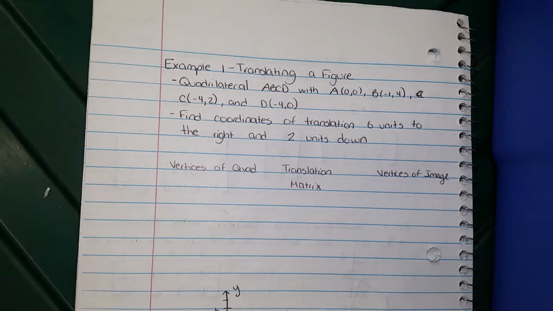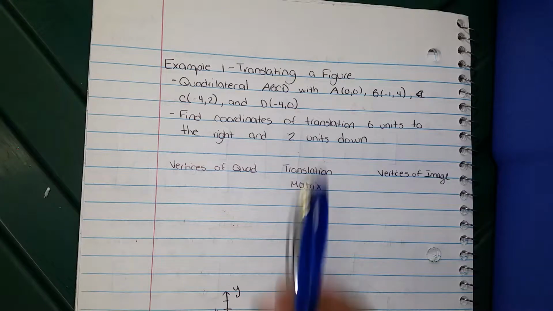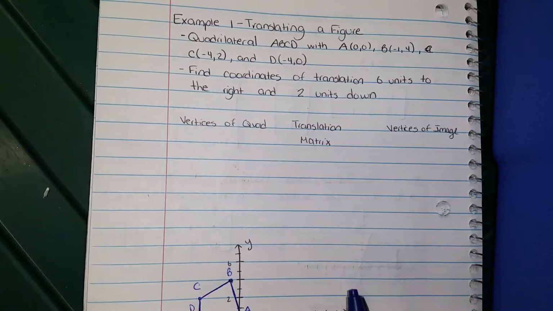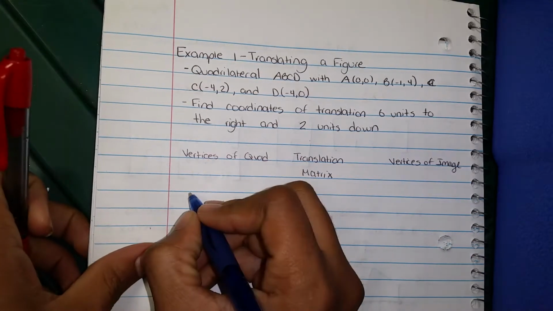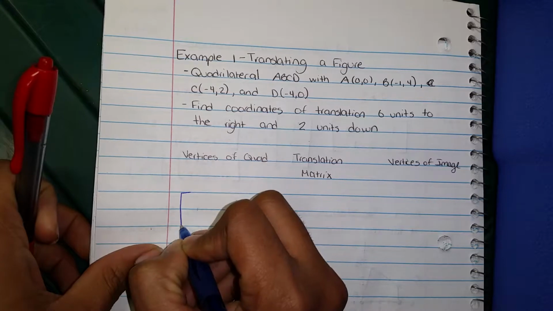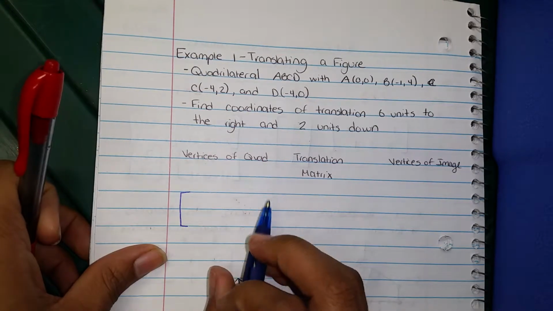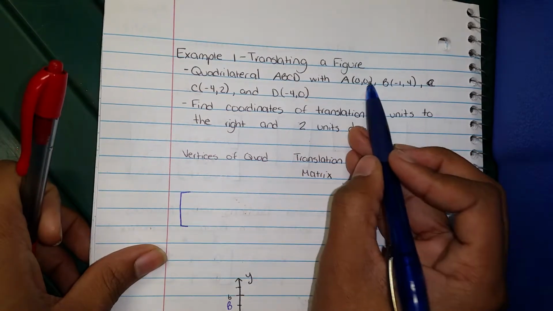Let's do this example to show you how. In example 1, you're translating quadrilateral A, B, C, D, the one that I had earlier, with the following coordinates. So let me redo my matrix of the vertices. Row 1 is the x coordinates, row 2 is the y coordinates.